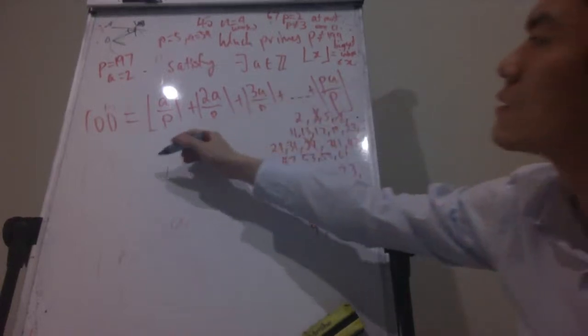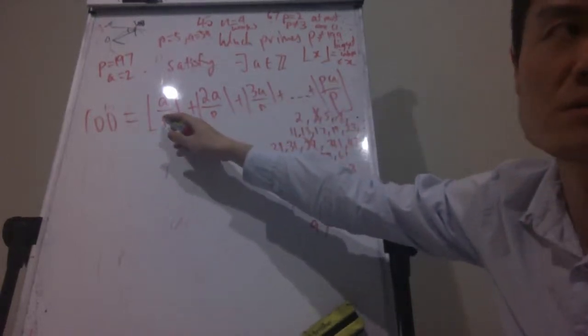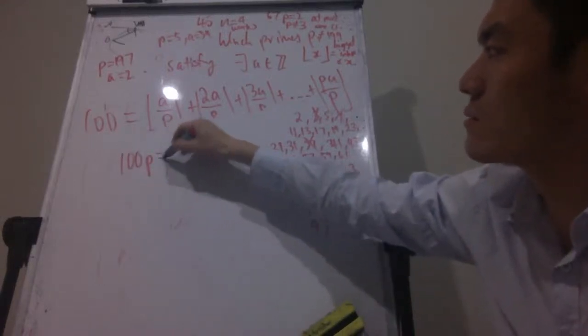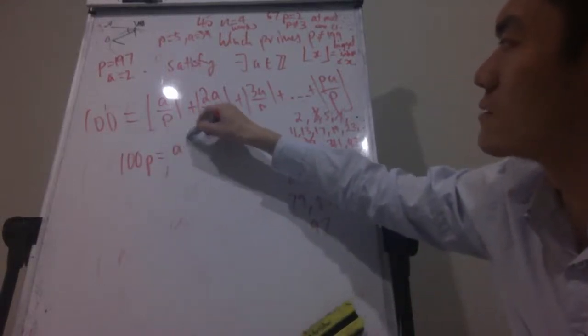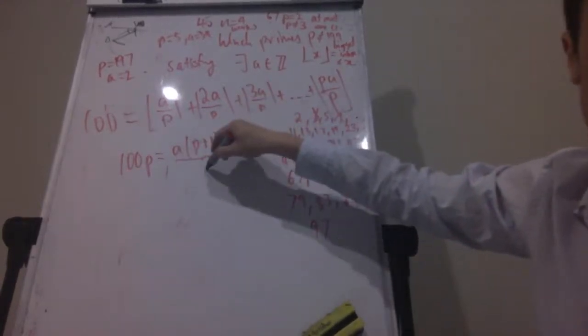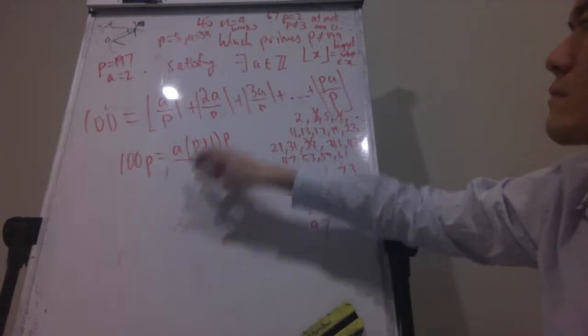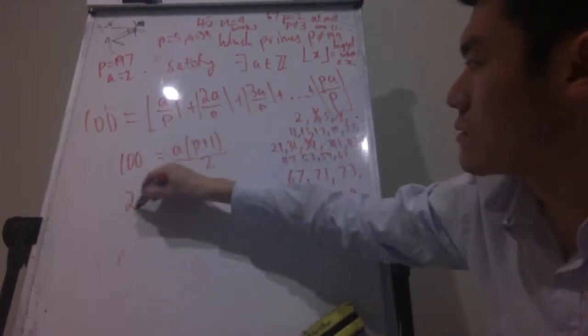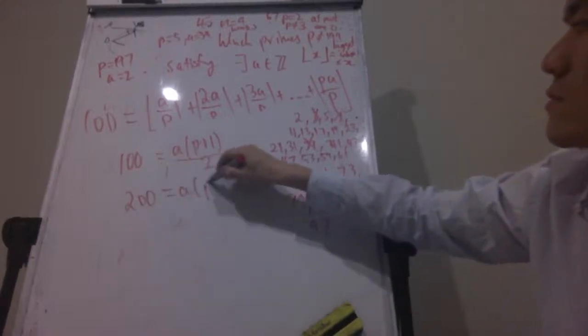Obviously, if you didn't have the floors, right, you'd get like 100 equals A out of P plus 1 times P over 2. And so the P's cancel, and it's 200 equals A times P plus 1.